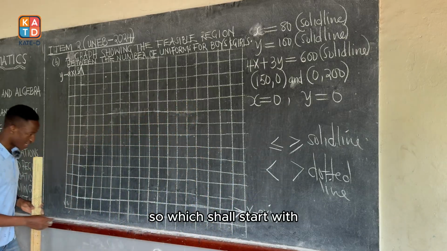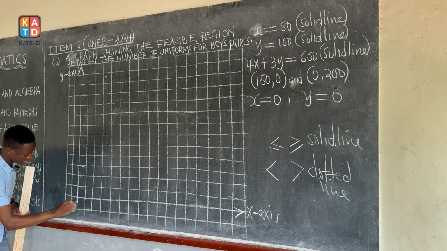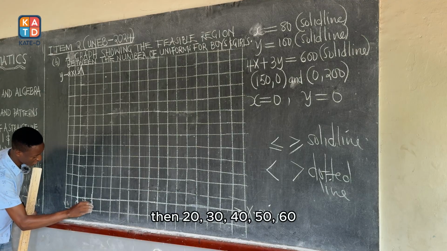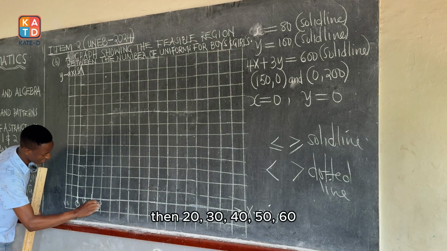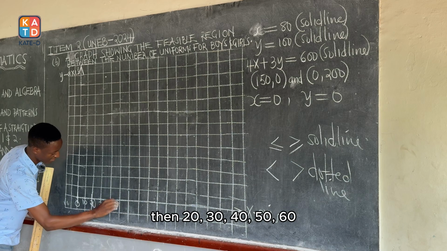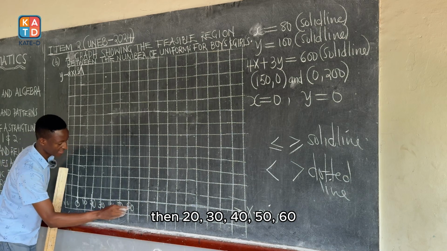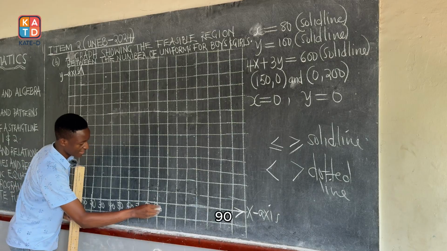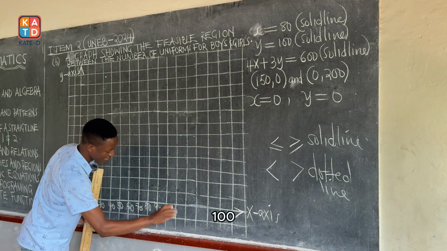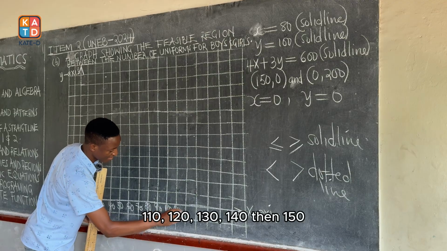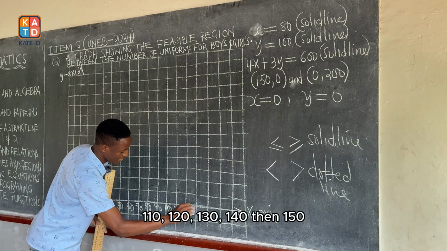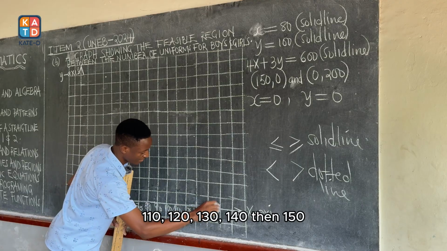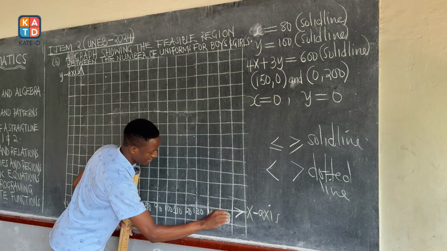So we shall start with 0, then 10, then 20, 30, 40, 50, 60, 70, 80, 90, 100, 110, 120, 130, 140, then 150, then 160.